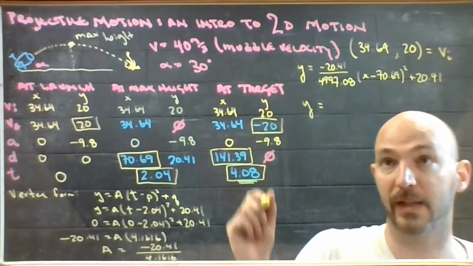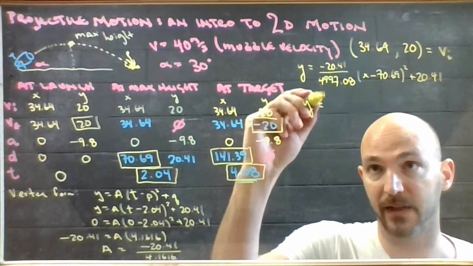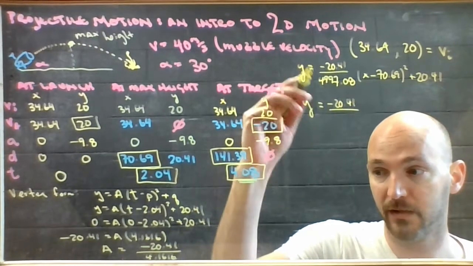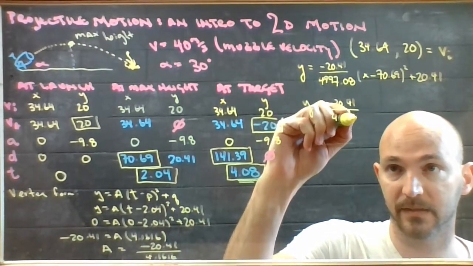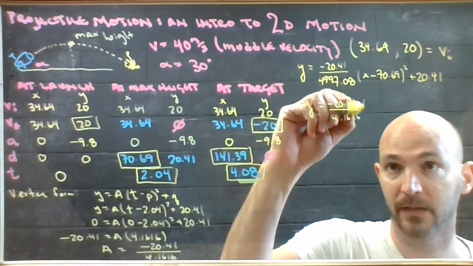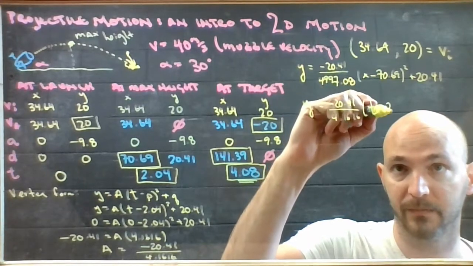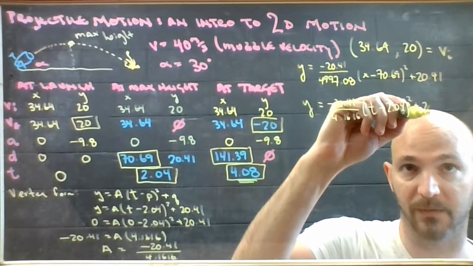So if I record that as a parabola in coordinates for time instead of position, I'd end up with negative 20.41 over 4.1616 times t minus 2.04 squared plus 20.41.